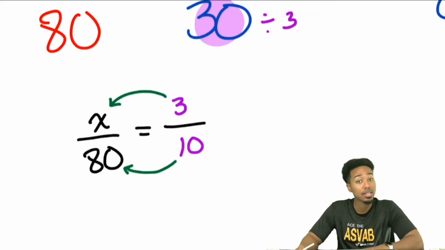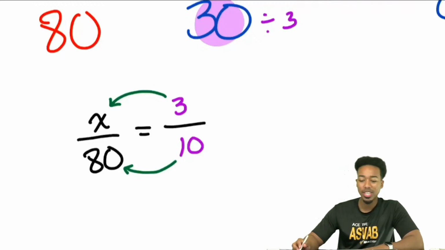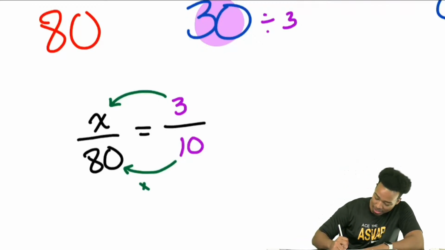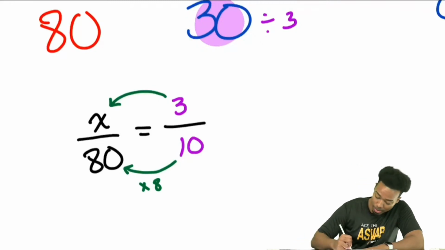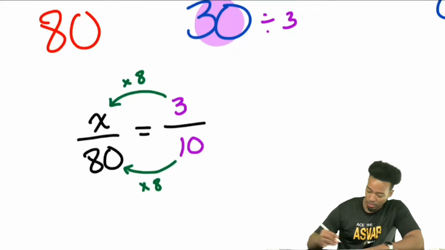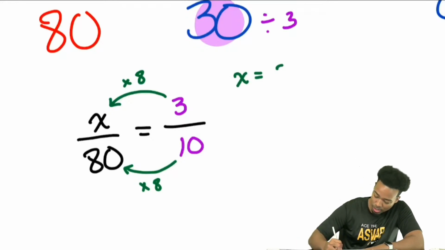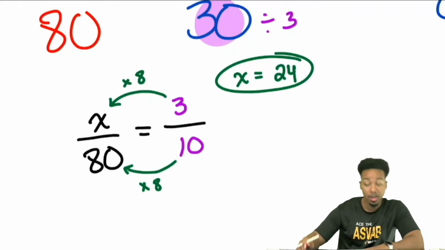Everyone, how do we go from 10 to 80? Give me the operation too. Right. We can multiply by 8. 10 times 8 is 80. So that means 3 times 8 will be the answer. X equals 24 right there.